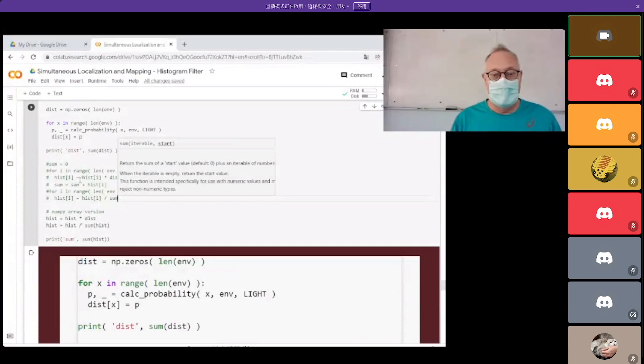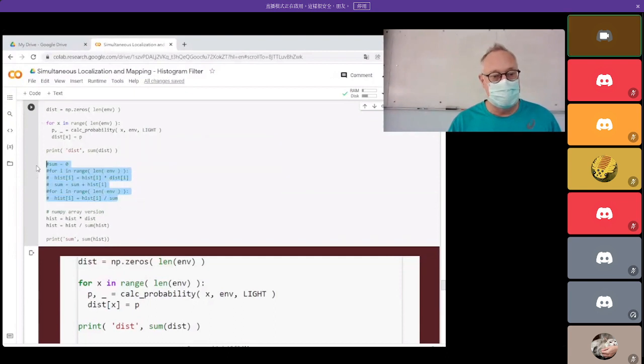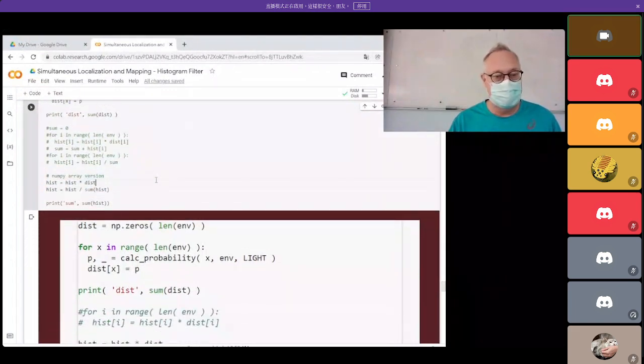So the Intel CPU has special instructions for doing that. If you program it like this, Python doesn't know that this is a very large array and that they're aligned and that the data types are uniform. In NumPy, this will run orders of magnitude faster.